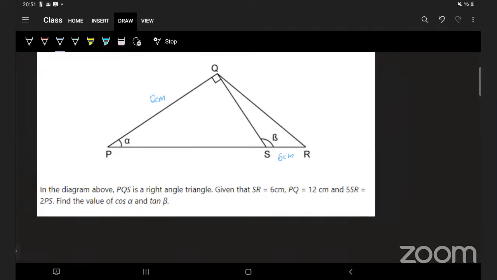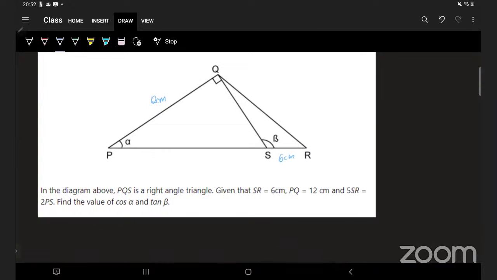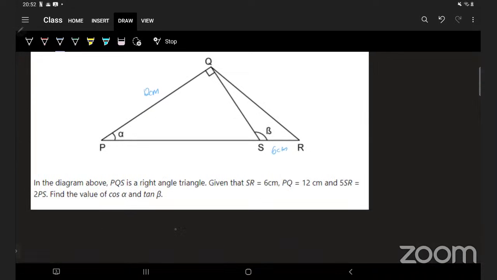So where to start from this? First of all, 5SR is equal to 2PS. So the ratio would be 5 to 2, right? 5 of SR is equal to 2 of PS. So basically all you have to do is 5 over 2 times the length of SR, which is 6.